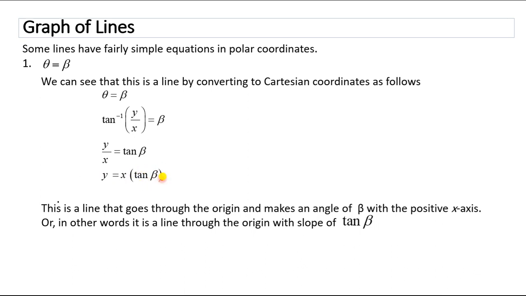If the slope tan beta equal 1, the equation is y equal x. If tan beta equal minus 1, the equation is y equal minus x, and so on. So theta equal beta is a line with slope tan beta.